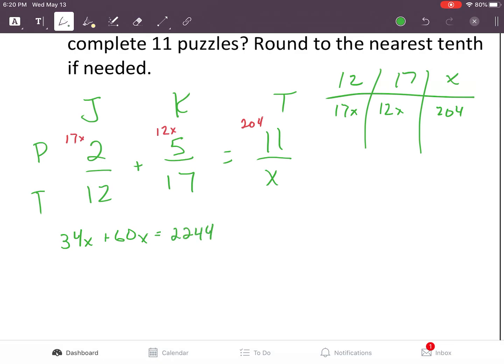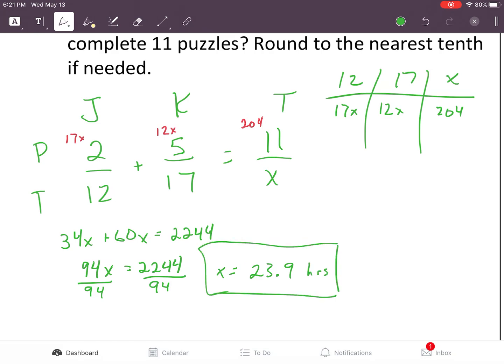We combine the like terms to get 94x is equal to 2244. And we divide both sides by 94 to solve for x. So x will equal 23 point, we'll round up to 9 hours. And there we go.